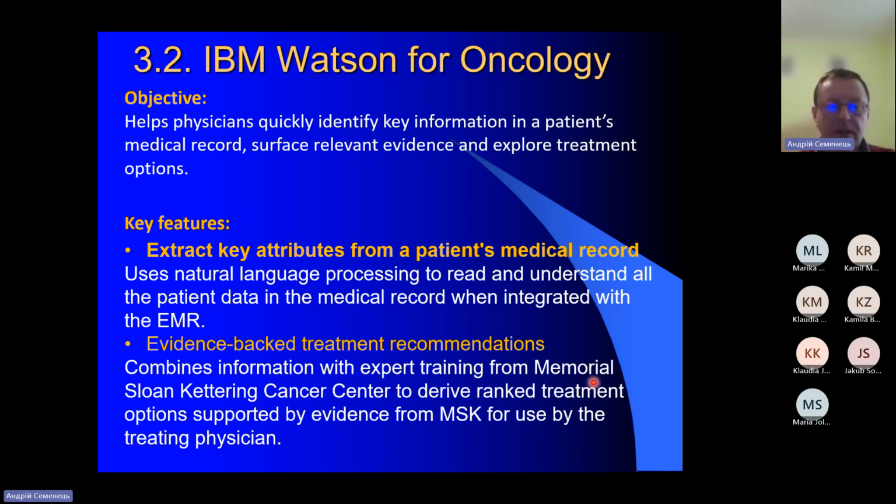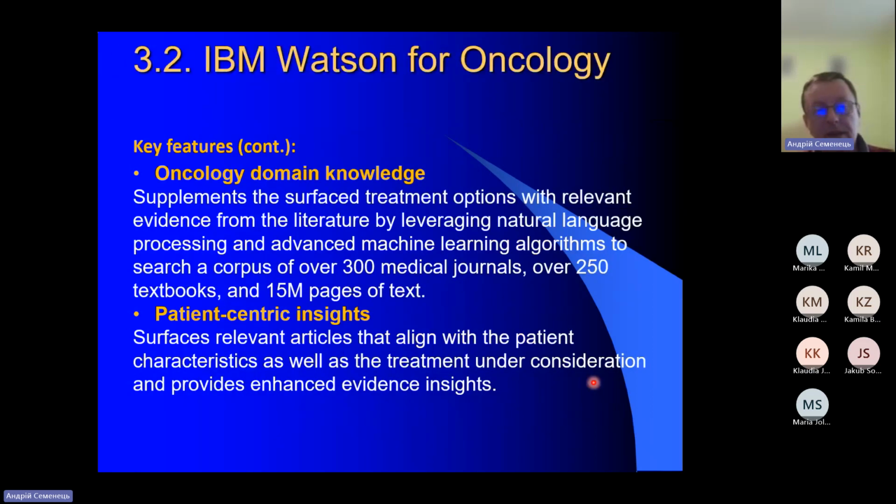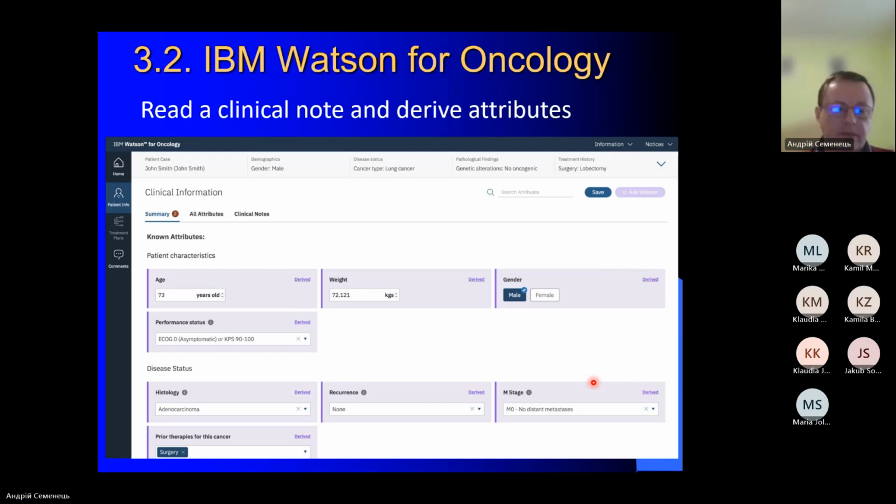Key features: it extracts key attributes from patient medical records and gives evidence-based treatment recommendations. It involves oncology domain knowledge, supplemented from different medical journals, textbooks, and so on. And the major benefit is patient-centric insights, aiming to improve patient care, provided in line with the specific patient data.